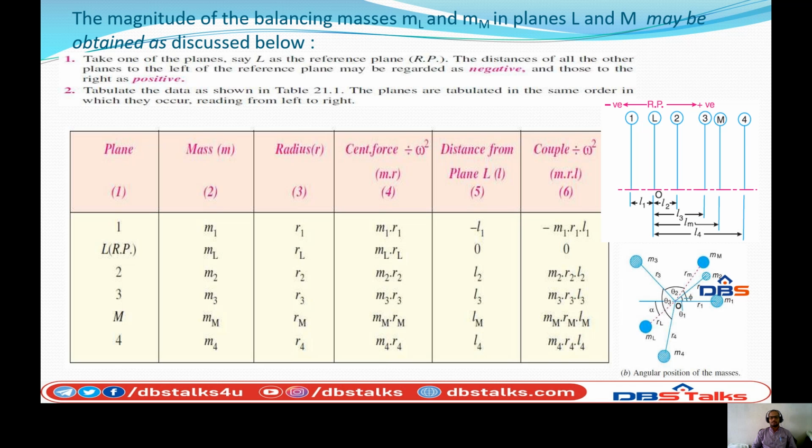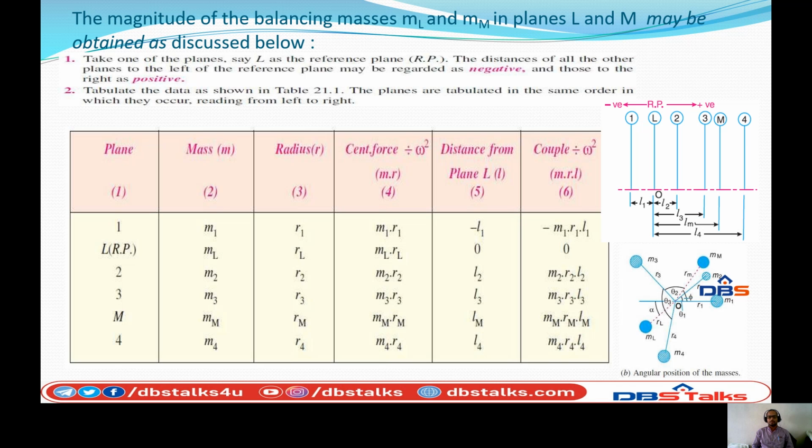So for clear reference we are considering L, since to the left of L only one plane is present, that is 1, and to the right of L are 2, 3, and M, 4. So there will be mostly positive values. Keeping mostly positive values with respect to the reference is good while calculating the couple values.